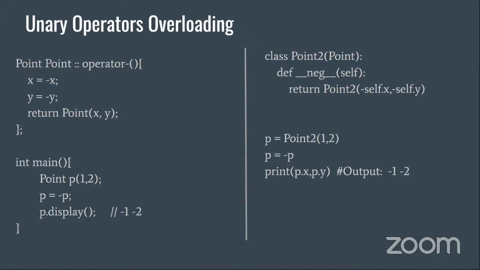Yes, sir, we can do it that way. Yeah, I understand. My thing is that you are already changing the object itself. Yes, sir. x equal to negative of x. Yes. So why do you need to create a new object and return it? You can just return this object itself.